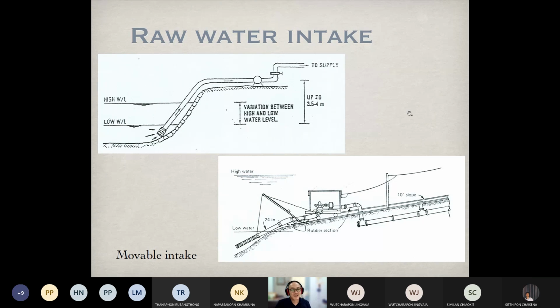So this is how people operate the movable intakes, and this is also good if there is water variation. So this one is high and this one is low, so that these pumps can accommodate very high flow rate variations.